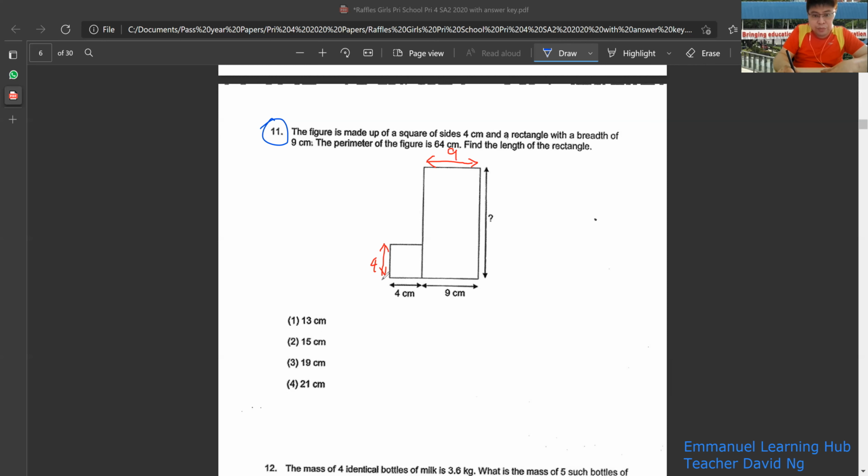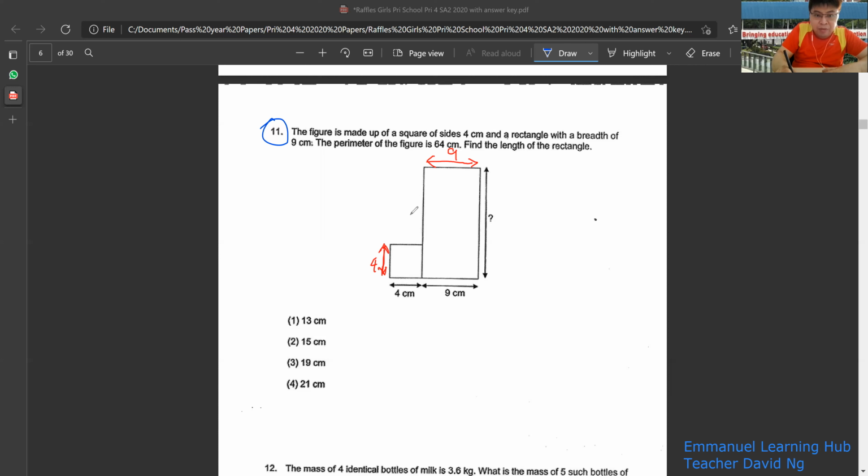Okay, so this length plus this length plus this length plus this length plus this length and this length equals to what? 18? Okay, you see, it's equal to 64.